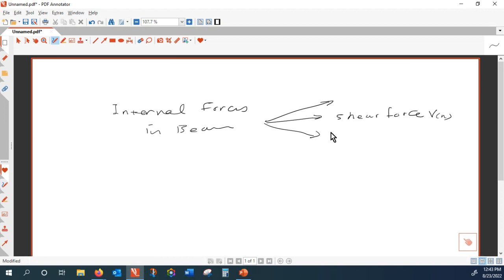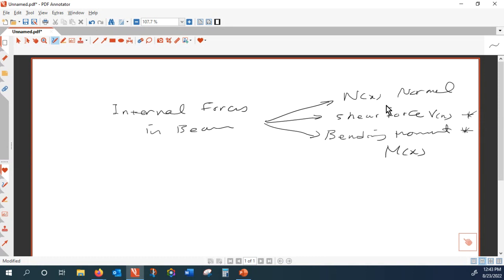The second important one is the bending moment, and that is represented as M of x. And less importantly, there is the normal force, or N of x. But mostly we are interested in shear force and bending moment.